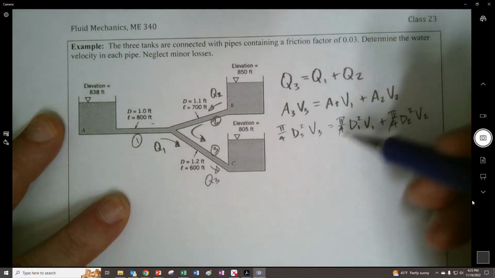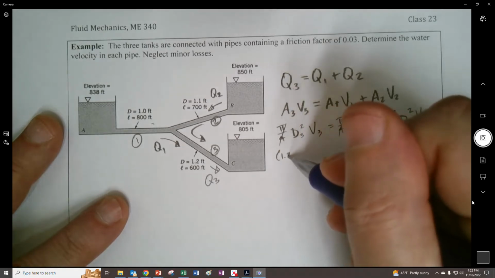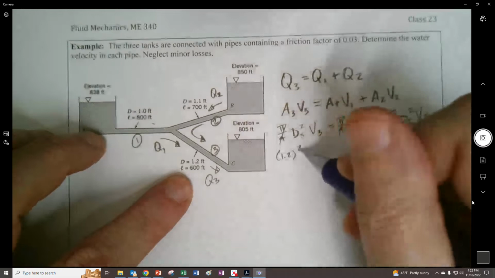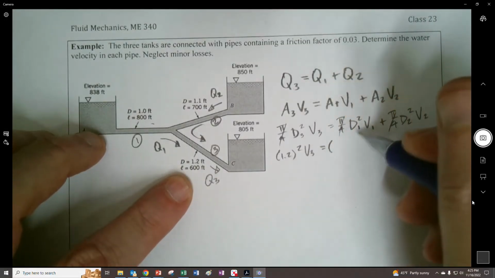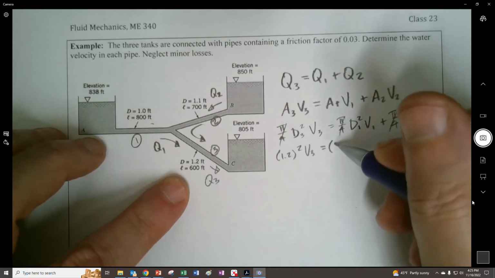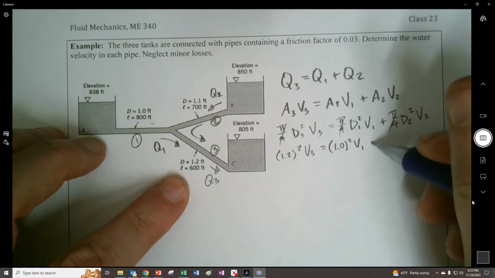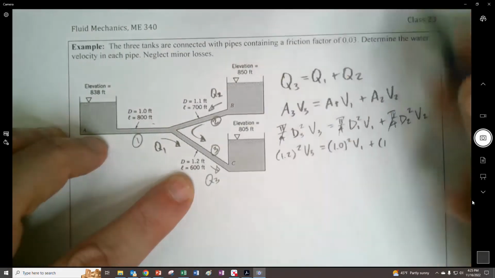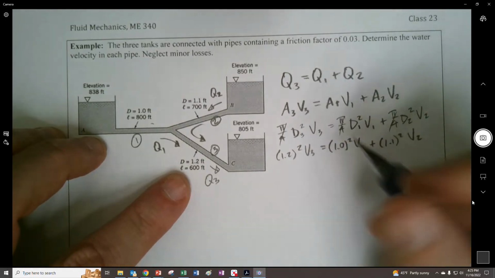Of course, all the pi over 4 terms cancel out, so we just have 1.2 squared V3 equals 1 squared V1 plus 1.1 squared V2.